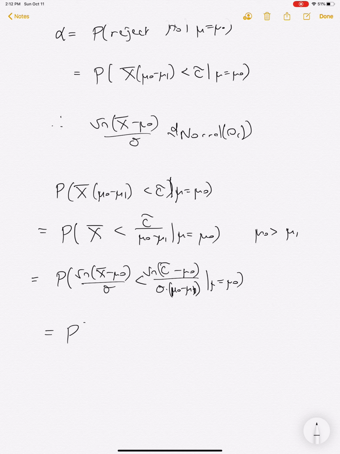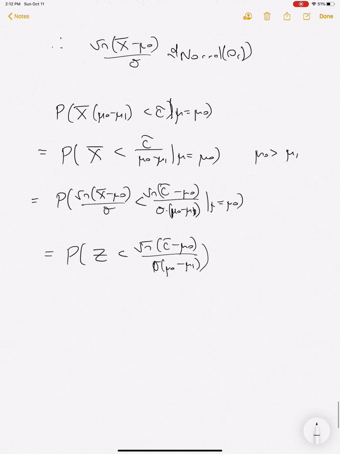And so this is just the probability of Z being less than square root of n times C tilde, and we want this to be equal to alpha. This is the size.